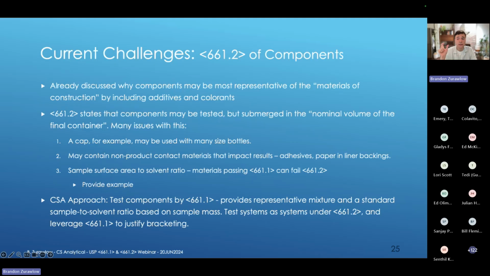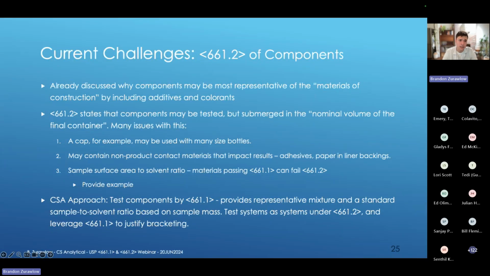So essentially, take that final component, put it in a flask, and add water that is equal to the quote nominal volume of the final container. In application, there are quite a few issues with this.